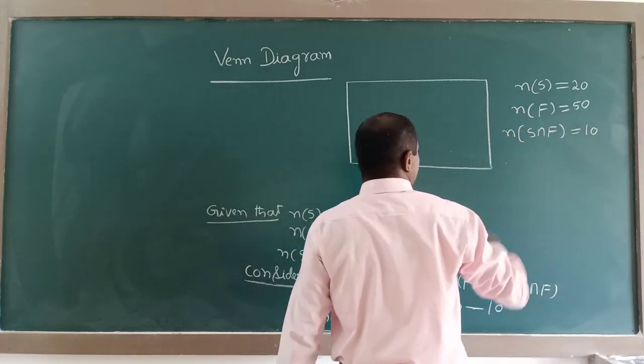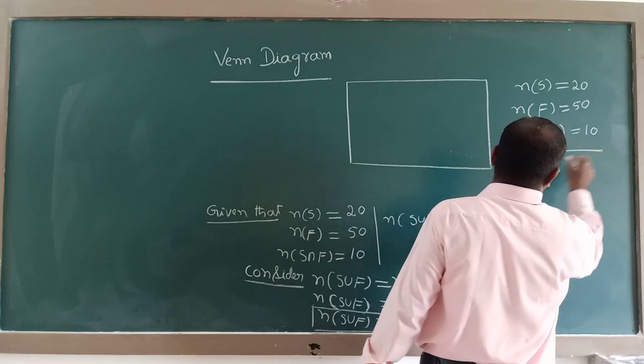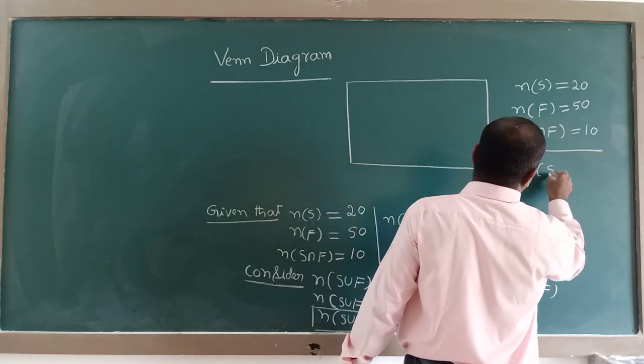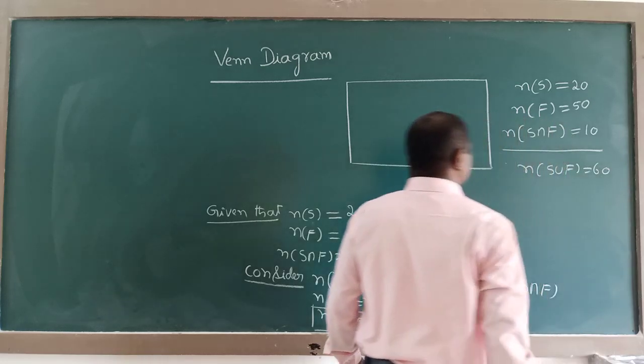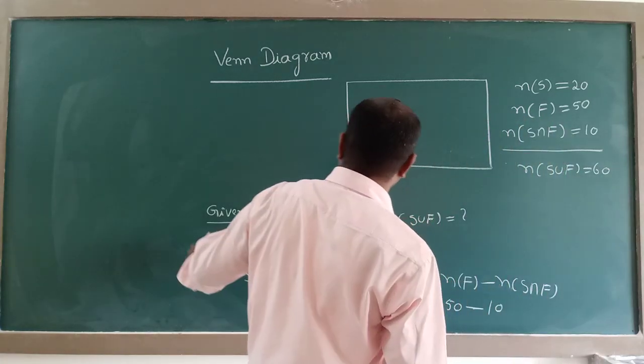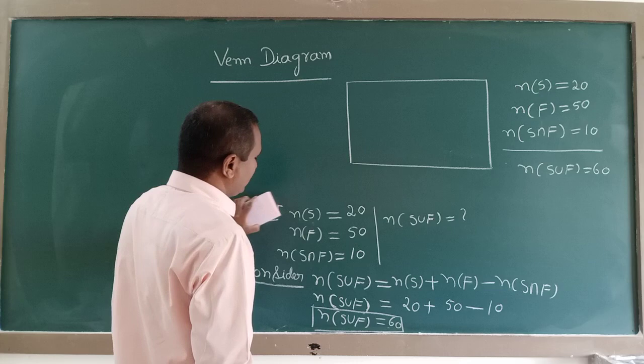But totally, you should get the final value n of S union F is equal to 60. Now we are taking all these values into this Venn diagram.